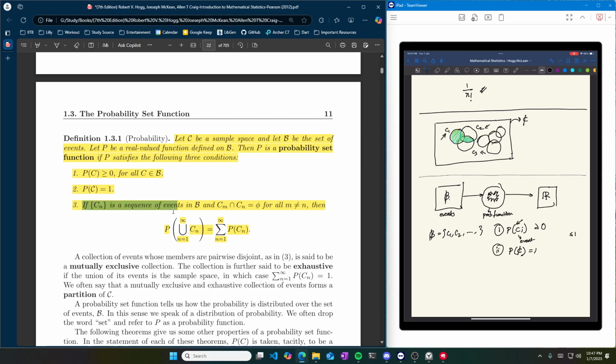Now if Cn is a sequence of events in B, and all of them are null, meaning they don't have any common intersection portion between them, then union is equivalent to summation. Okay, let's imagine it like that. I'll just draw it right here.